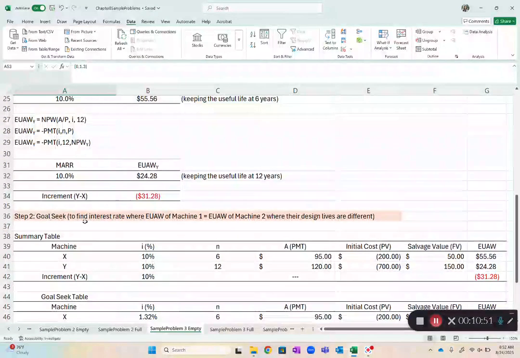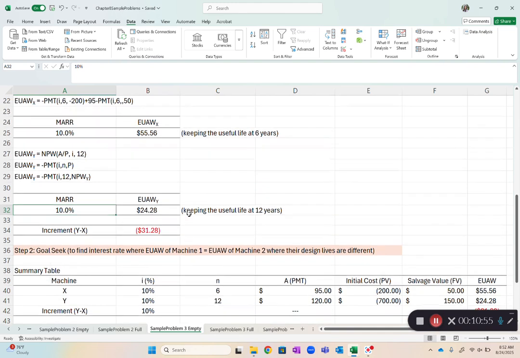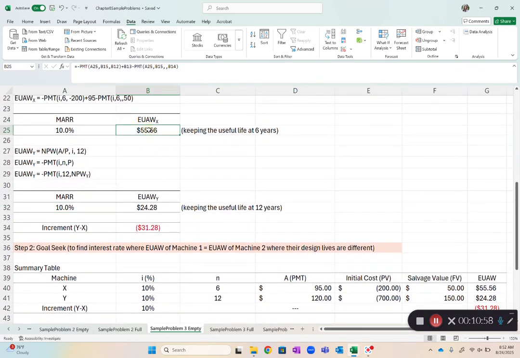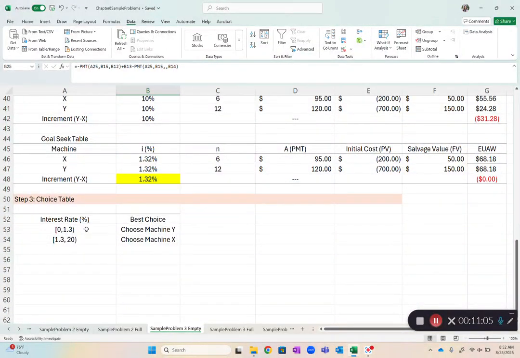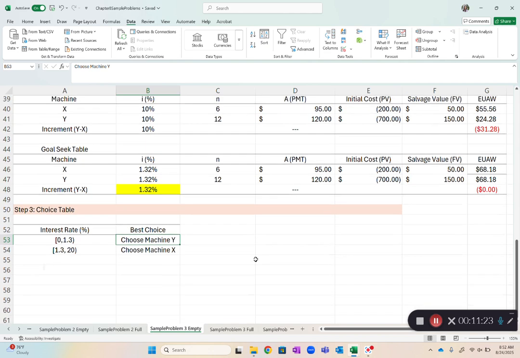So now I can say, look here at 10%: machine X had a greater EUAW. That means to the right of the 1.32, I would choose machine X. They cross each other, and to the right of that intersection point, machine X has a greater value. So before that intersection point, machine Y had a greater value. That's how I came up with that answer.